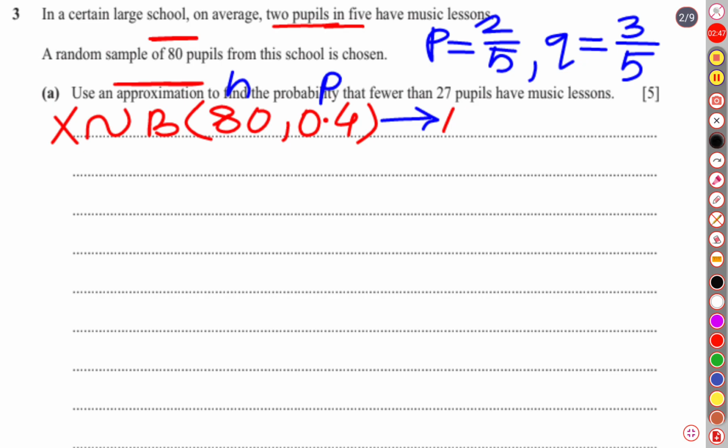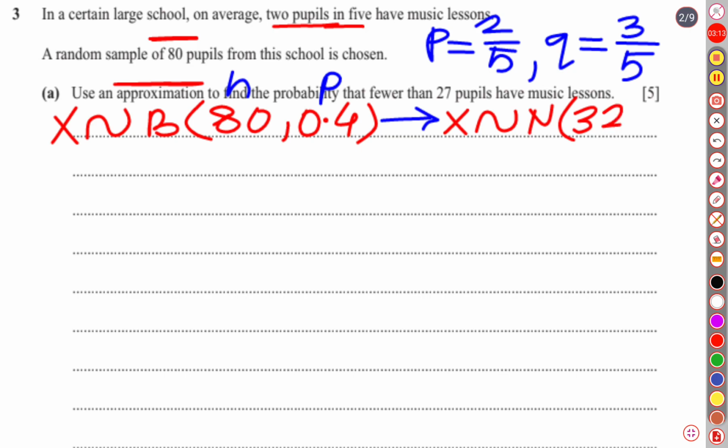And if we convert this binomial distribution into a normal distribution, x belongs to normal distribution, and the parameters for normal distributions are mean as well as variance. So mean is actually n times p. If we multiply n and p, it is the mean. So 80 times 0.4, that is 32.